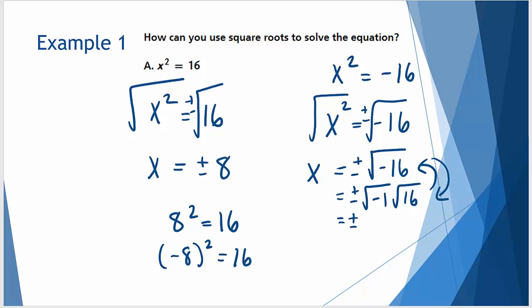So I can simplify that. And what I've done is I've isolated the square root of negative 1. And the reason I've done that is because our imaginary component is actually equivalent to the square root of negative 1. So in the past, we've said we haven't been able to actually simplify this, but now we can do it as long as we're using our imaginary term.